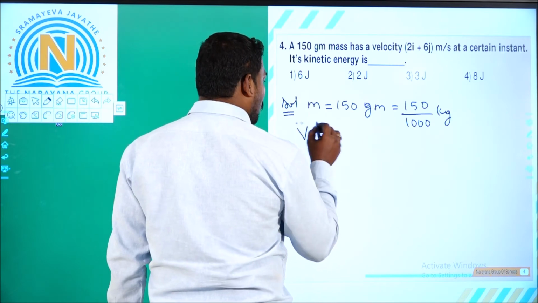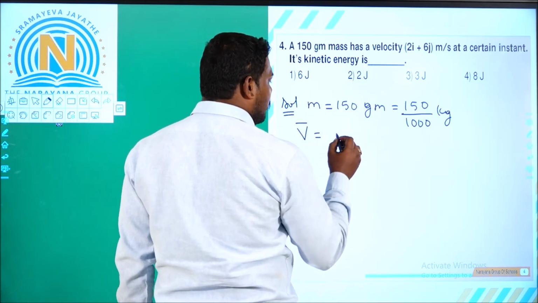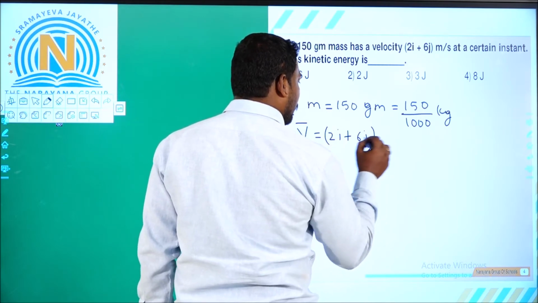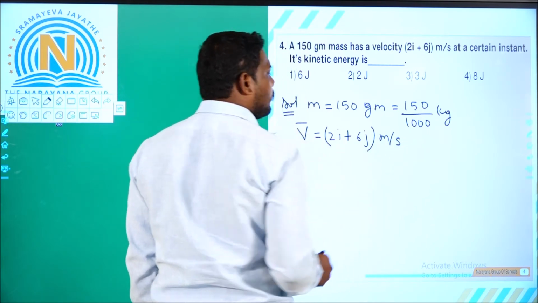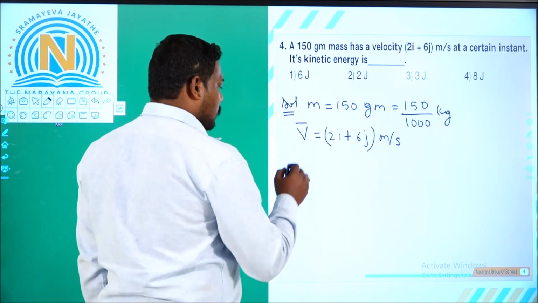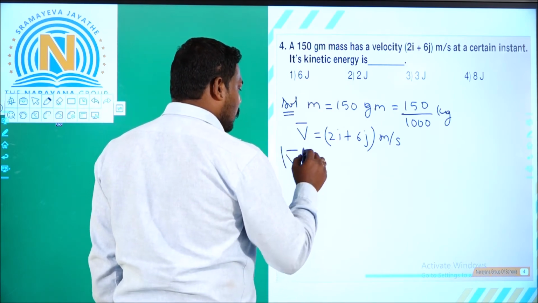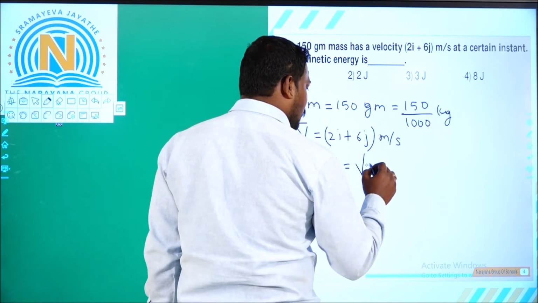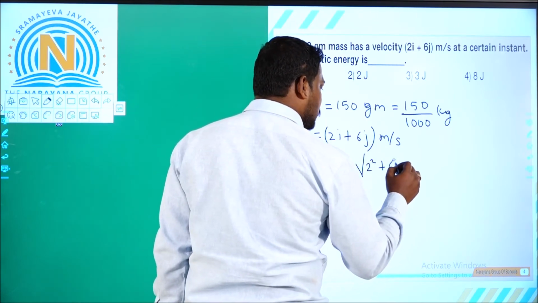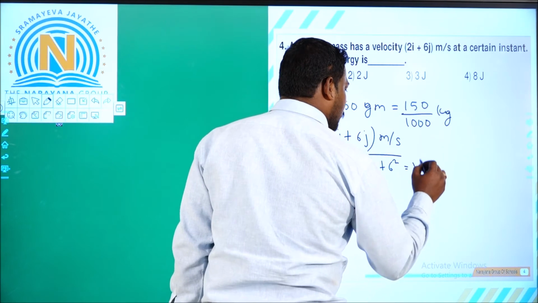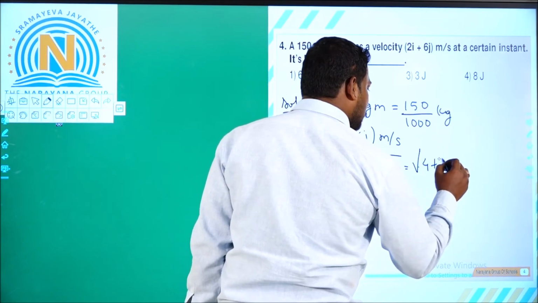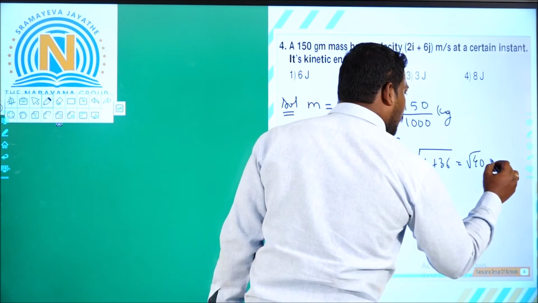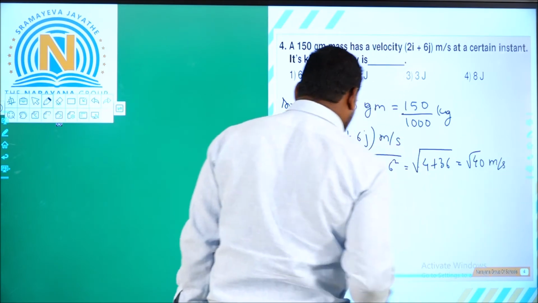And here the velocity is given in vector form, 2i plus 6j, meter per second. So the magnitude of velocity v is equal to under root 2 square plus 6 square, which is equal to under root 4 plus 36, which is equal to root 40 meter per second.